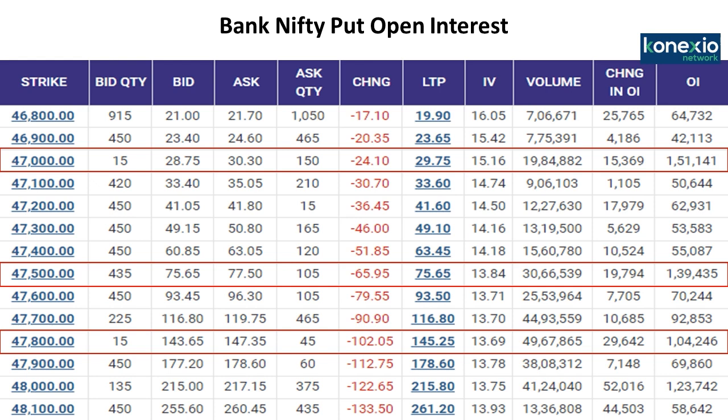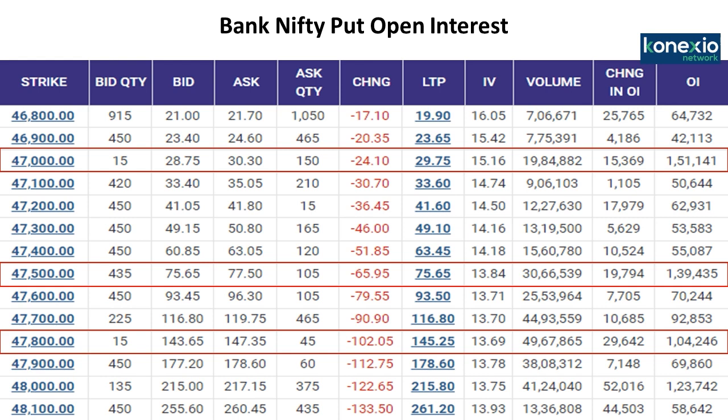So this is clearly indicating that the liquidity flow is into the markets, and that will push the markets on the upside, at least for maybe the next couple of trading sessions. So definitely the undertone of the market is bullish, but I am cautiously bullish. Any dips should be used as a buying opportunity.